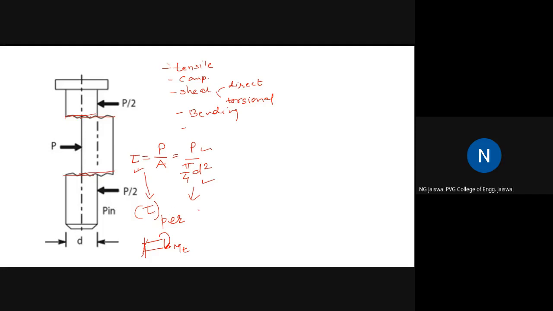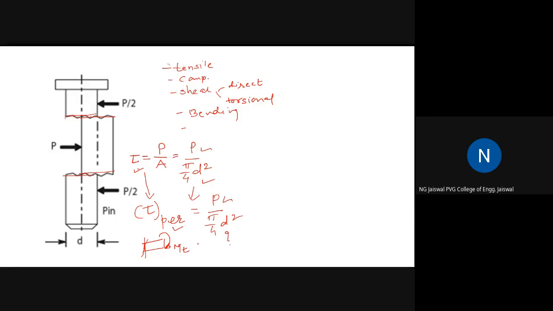So my equation now becomes: permissible shear stress is equal to P upon pi by 4 d square. If the permissible shear stress is known by some source, and P is known, I can find out the value of d. This becomes my traditional way of thinking in the design process.